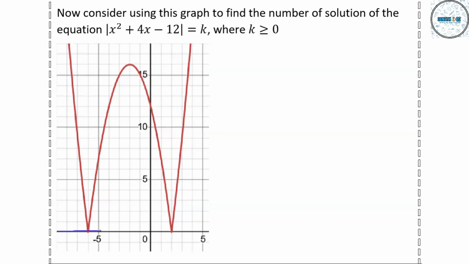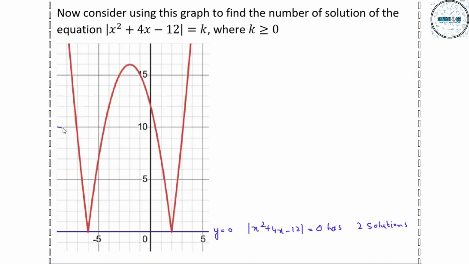When the value of y is 0, then x squared plus 4x minus 12 is equal to 0 has two solutions. Which means the line is intersecting this graph at 2 points.